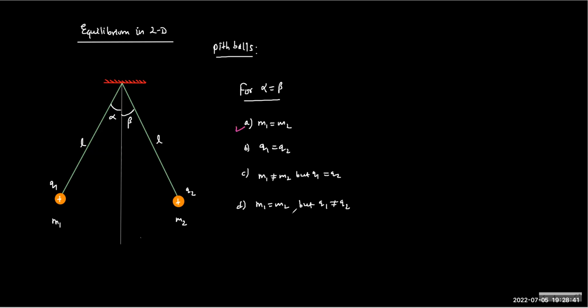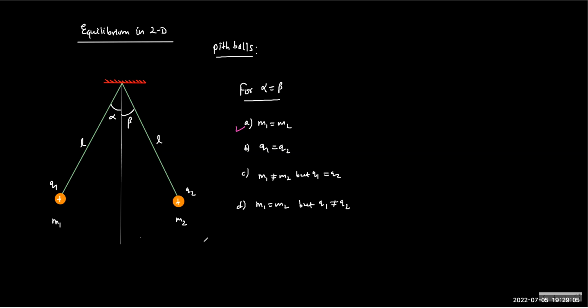Yes, that's correct. Anything else? No. If A is correct, then D is also correct, no? Yes, but we cannot say that Q1 is not equal to Q2, because the equality does not depend on charge. Why does the equality not depend on charge? The answer is simple.